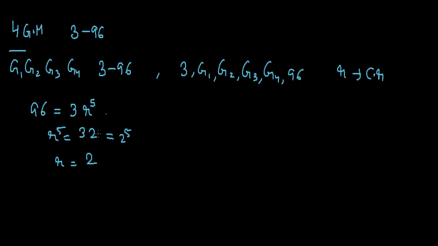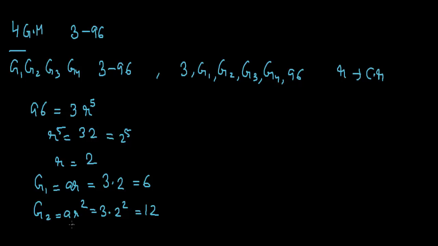Now we have found r, so we can find G1 as ar, that will be 3 times 2, which equals 6. G2 will be ar squared, that is 3 times 2 squared, that is 12, and G3 will be 24, G4 will be 48.